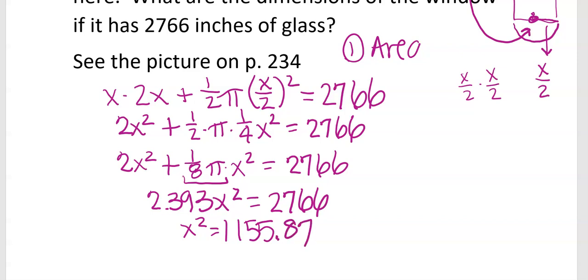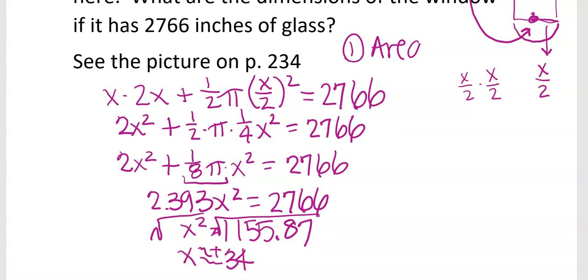And then square root both sides. 34-ish. And they have plus or minus 34. So when I take the square root, you actually get plus or minus 34.